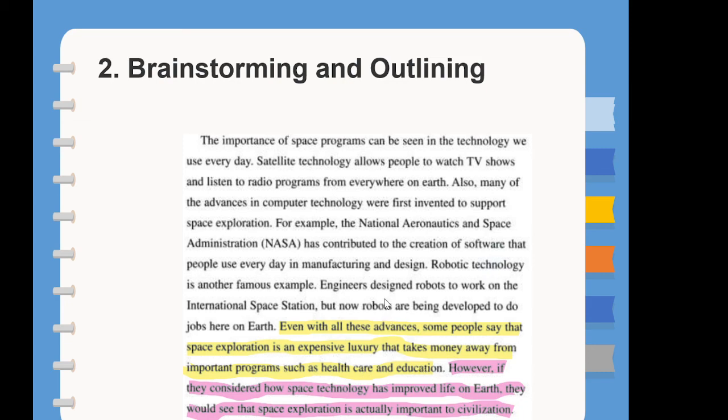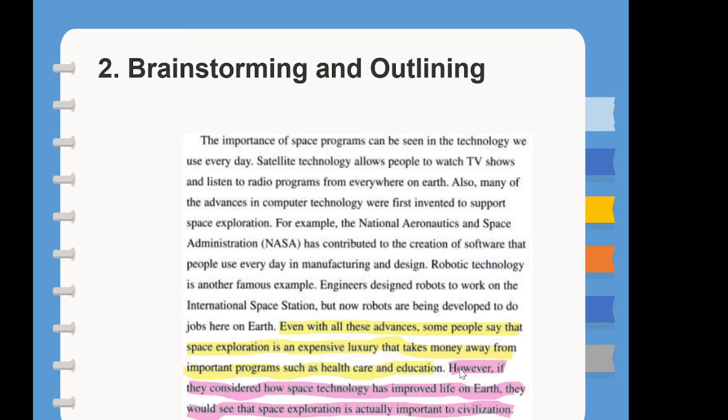Well, if you do not have the counter argument in the thesis, you can choose one, or you choose your own from what we call the drawbacks of space exploration. Just one idea about the disadvantages of space exploration, and then you argue again.